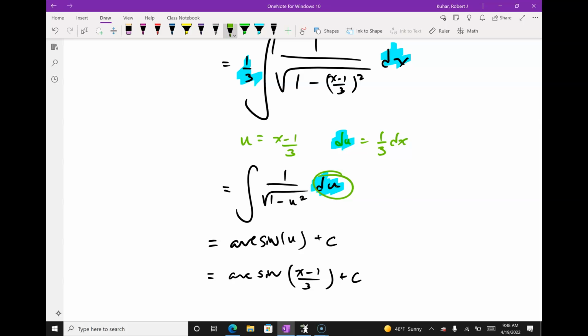I don't even see any good ones on here either. I'm missing something. Definitely an area problem. You want to do an area problem. Definitely U subs, all of the U subs.